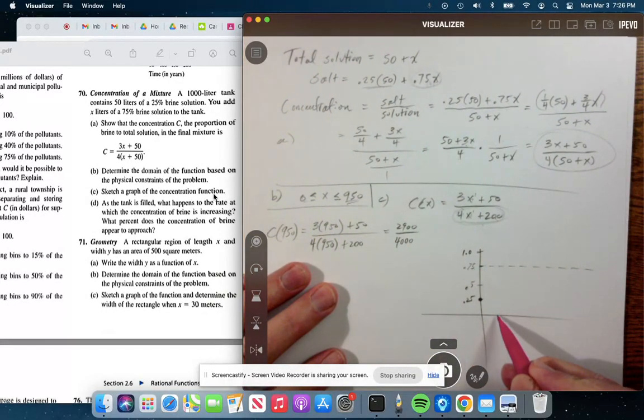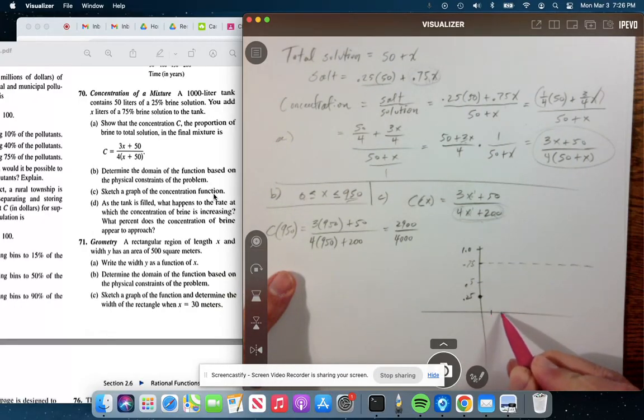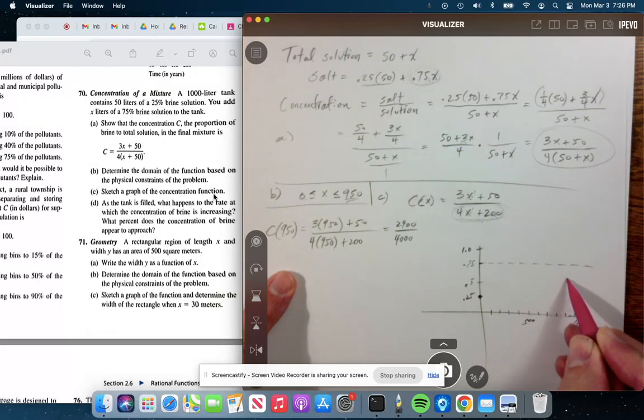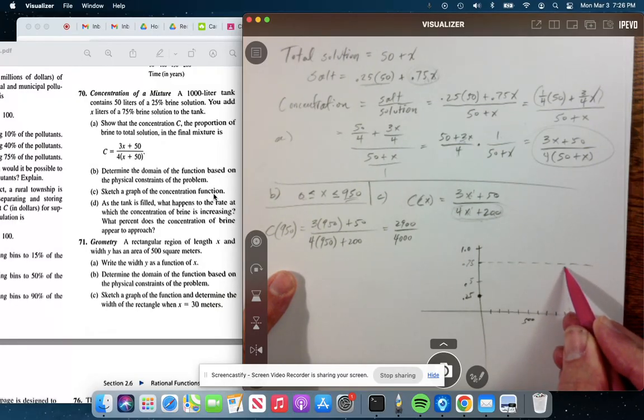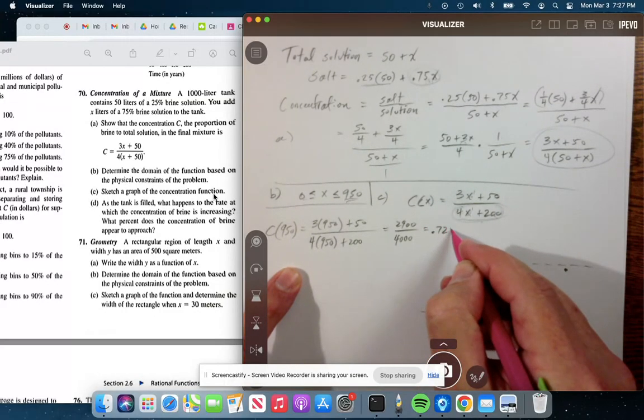So that's like pretty close here. So if I go, let's say that's 100, I can go up to 950. There's 100, 200, 300, 400, 500, 600, 700, 800, 900, 1,000. 950 is like right about here. So when I get here, it'll be really close to 0.75. It's 0.725.